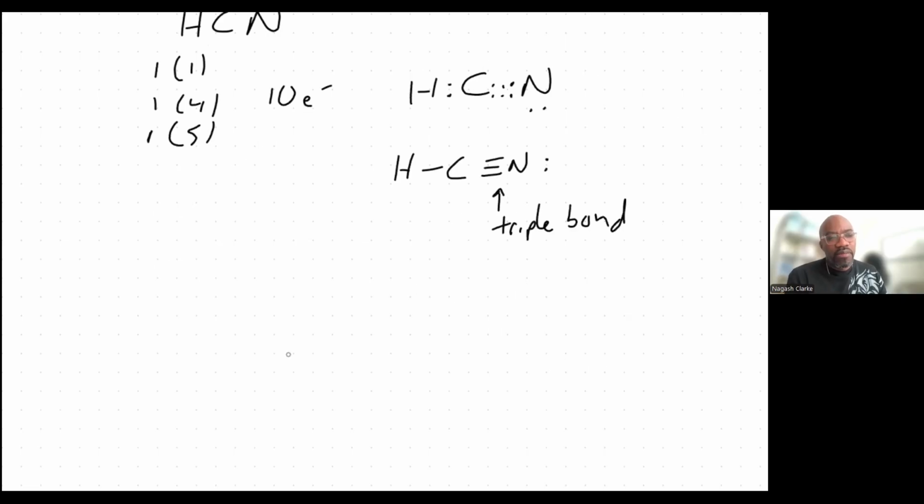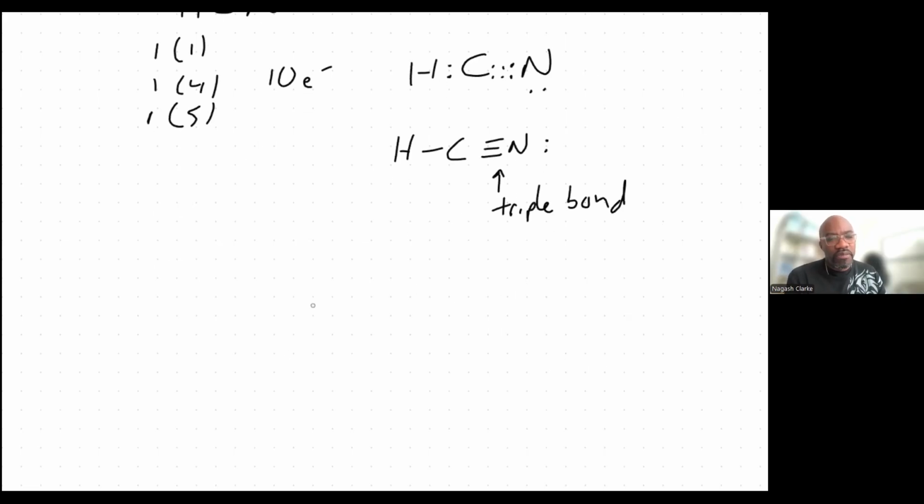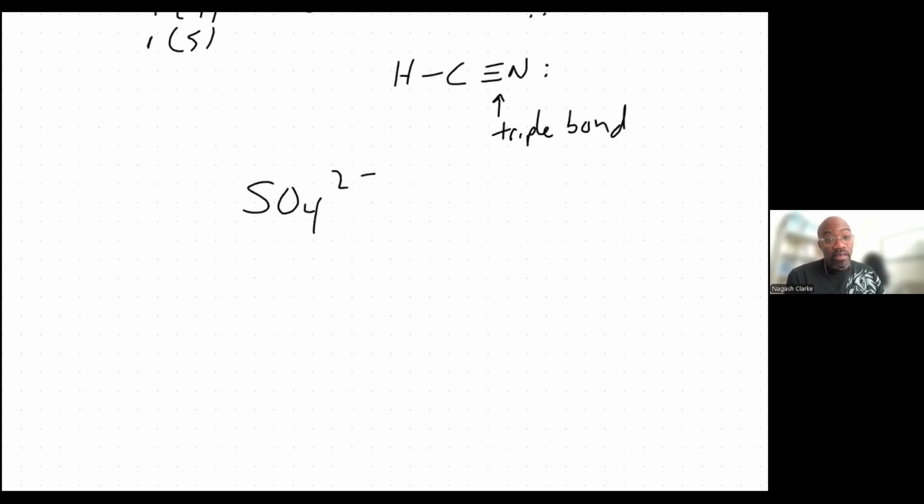Let's take something that has a charge, like sulfate. Your polyatomics do have charges, as we know, and they actually are held together by covalent bonds, even though they have an overall charge. Sulfur is 2.6 electronegativity, oxygen is 3.5. So put sulfur in the middle, oxygens around.